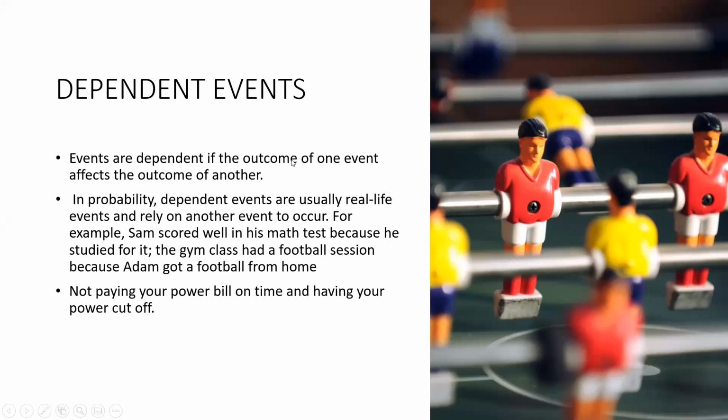Events are dependent if the outcome of one event affects the outcome of the other. In probability, dependent events are usually real life events, like Sam scored well in maths just because he studied. These events are interrelated. Another example is not paying the bills on time and having your power cut off. So these are dependent events.